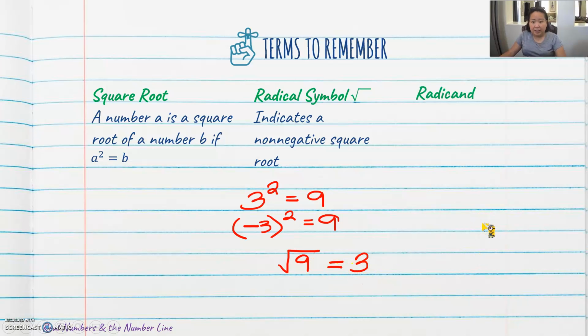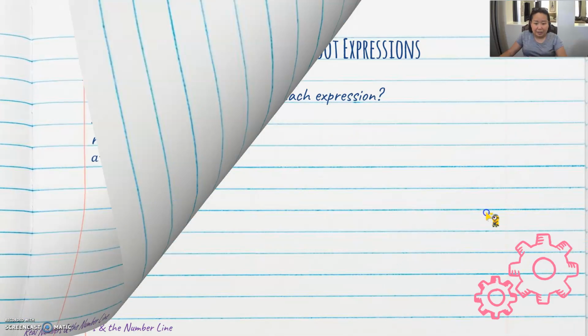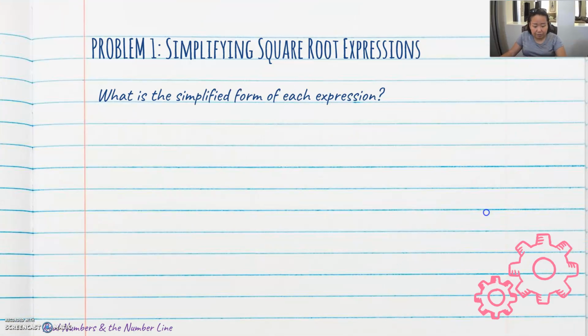Next, we have the radicand. The radicand is actually that expression inside the radical symbol. All right, so let's have this next problem here. Let's simplify the square root expressions. So let's say we have the square root of 81. Can you think of a number that if you multiply to itself will give you 81?